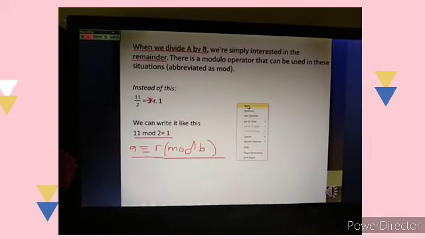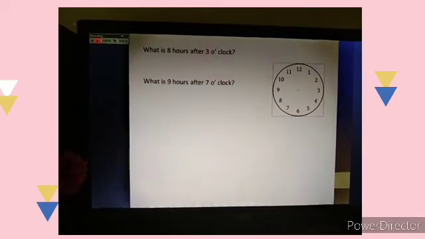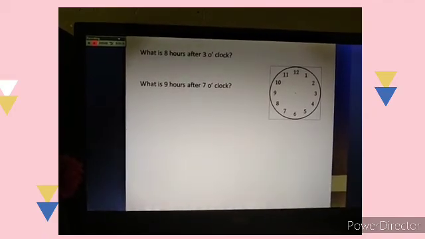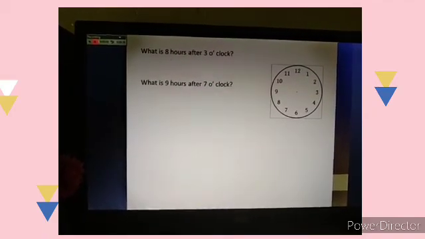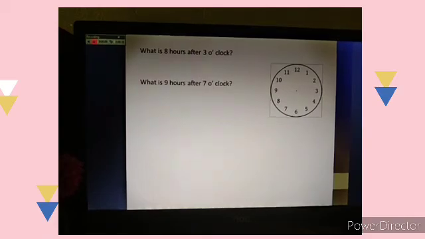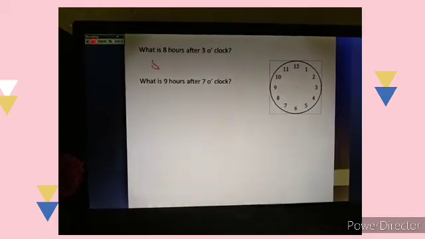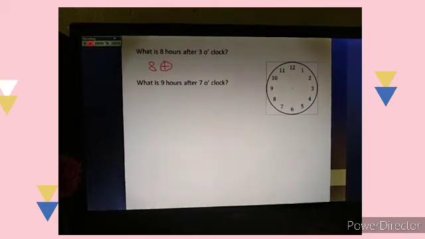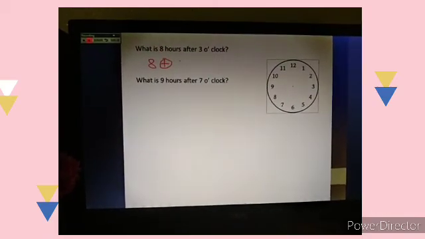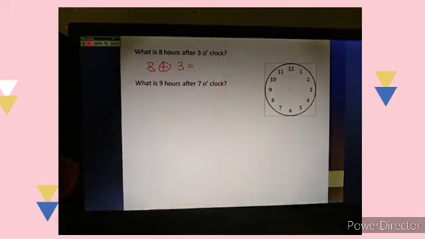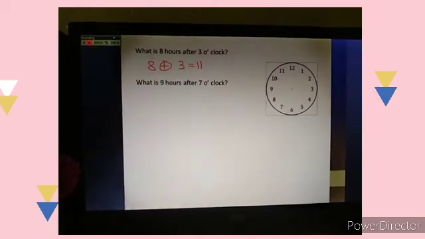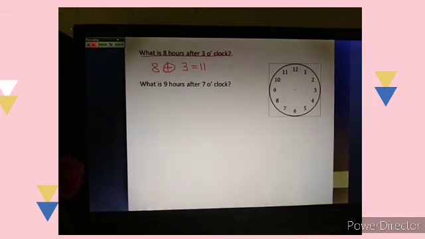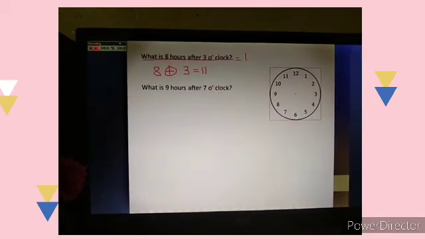So, an example like this one. What is 8 hours after 3 o'clock? What we will do is add, so addition. 8 plus 3, so the answer to the question is 11.